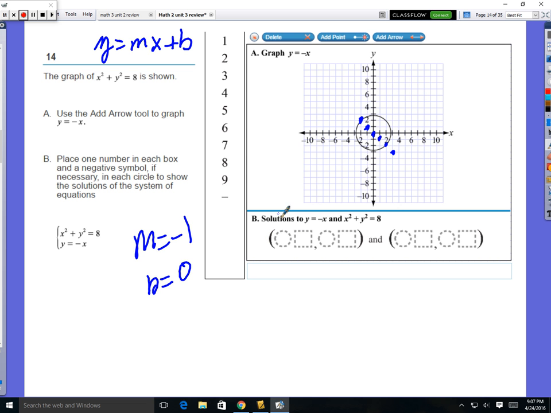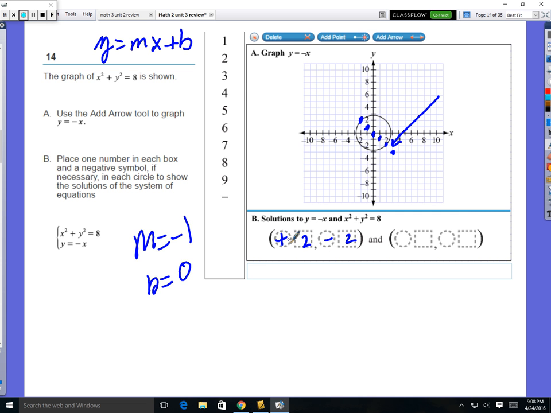Okay, the solutions are where these two intersect. So it's going to intersect once right there. To get there, I go right 2, down 2.